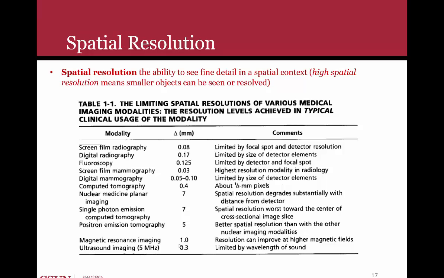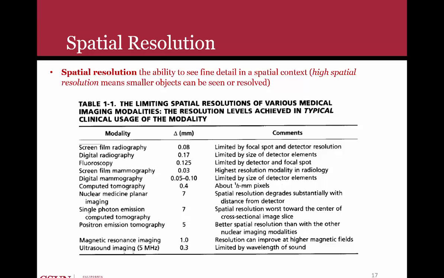So you're starting to see the different limitations already. Obviously radiography, even just good old screen film, gives you 0.08, which is a lot better than magnetic resonance. But the problem here is that this is dependent on a tissue's ability to transmit or absorb X-rays.